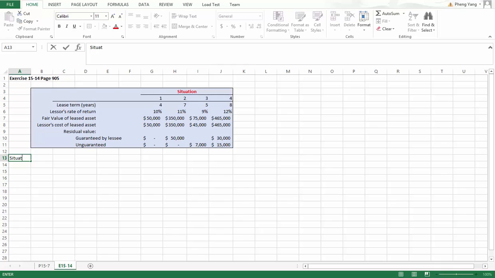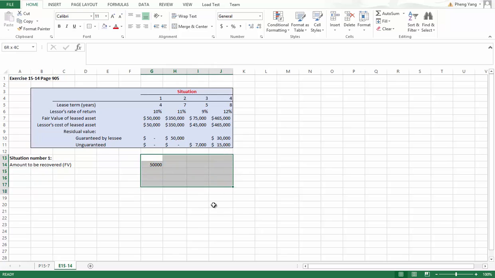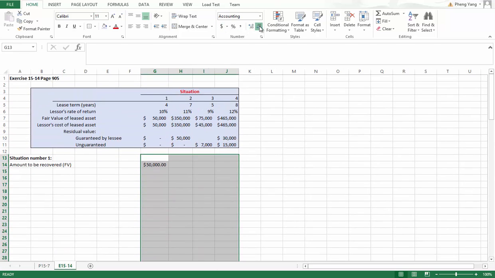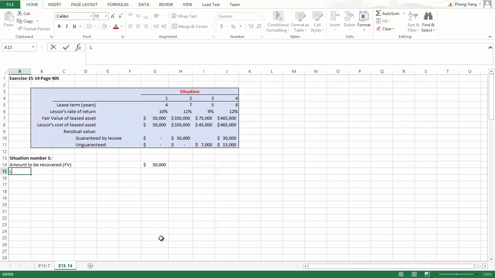So let's start off with situation number 1. What we're going to do first is list the amount to be recovered at the fair value, which should be the $50,000. Then the lease payment at the beginning of each of the next 4 years is going to be calculated as follows.